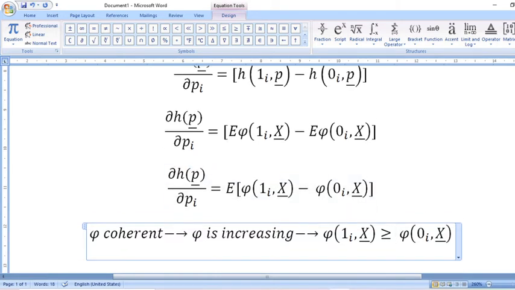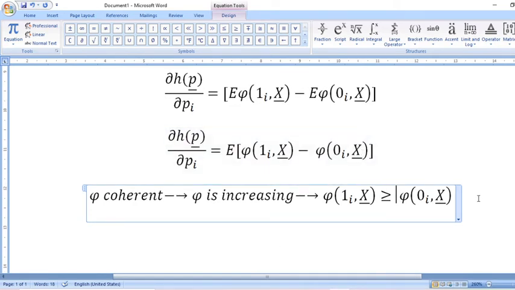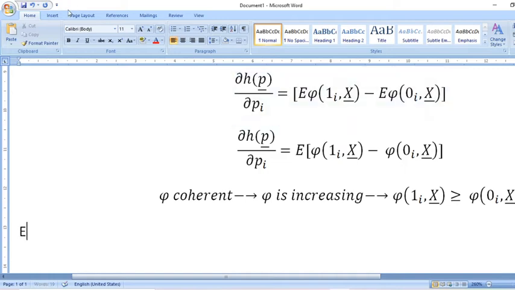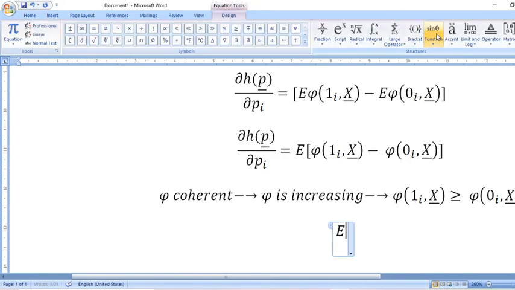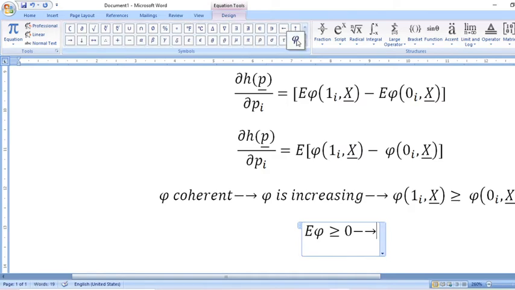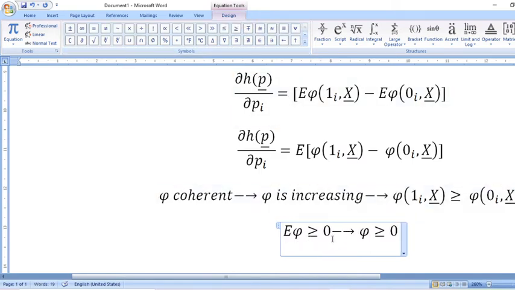Okay, so we use that information, and you know that if expectation of phi of x is greater than 0, it implies and is implied by phi of x greater than 0.